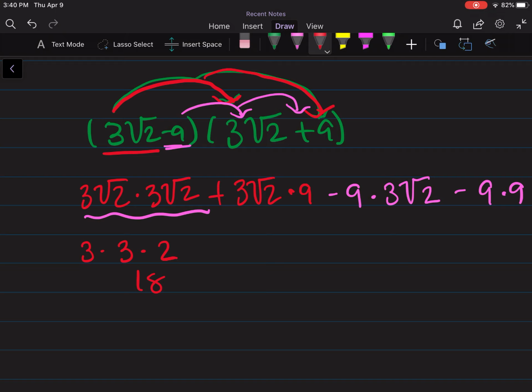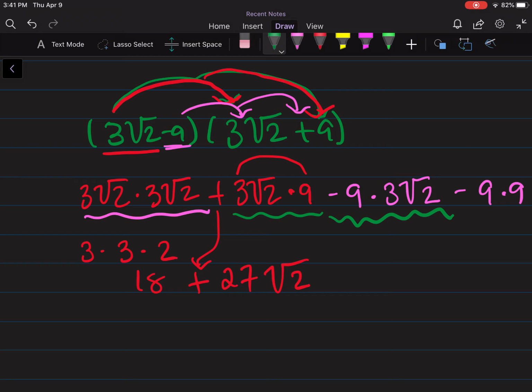Now over here, this next little section, we have 3 root 2 times 9. We can just multiply 3 times 9. Oh, and don't forget to bring your plus. It's a positive plus. So 3 times 9 is 27 root 2. Now, dealing with this next little group, we have -9 times 3 root 2.